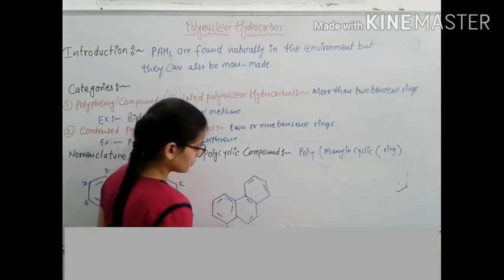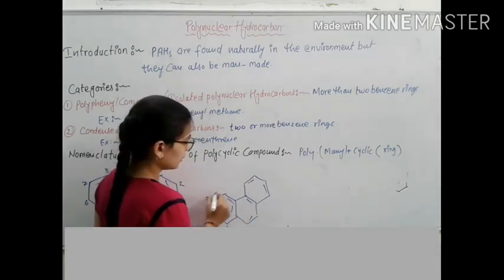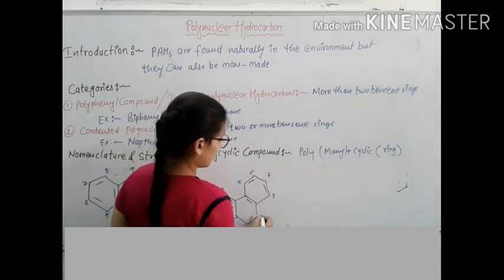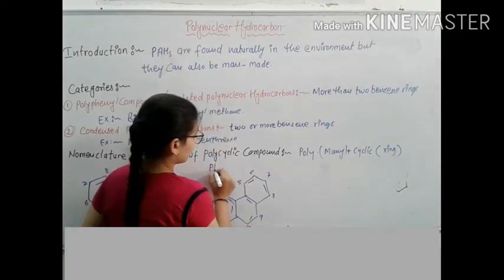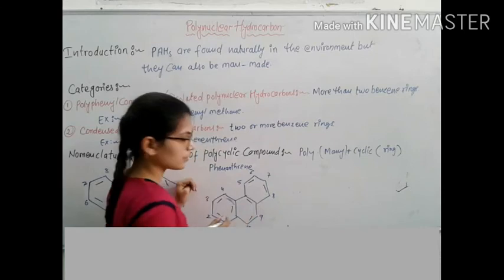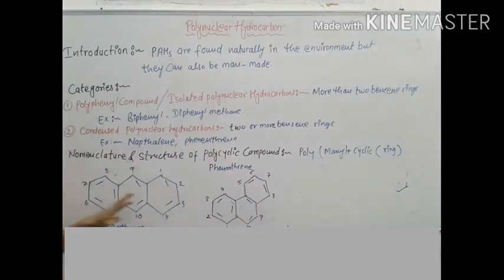Numbering is started from 1, 2, 3, 4, 5, 6, 7, 8, 9, 10. All are the nomenclature and structure of polycyclic compounds.